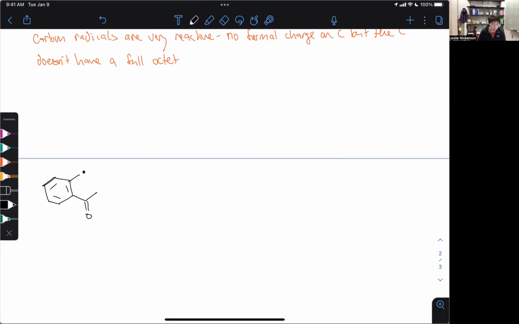So the thing you want to keep in mind here is the closest pattern from when we learned resonance to begin with is going to be the pattern where you have a lone pair next to a pi bond. That's going to be most of what you need to do for resonance structures with radicals. So if we remember what we had here, we had 2 electrons moving to form a new pi bond, and then that pi bond formed a new lone pair.